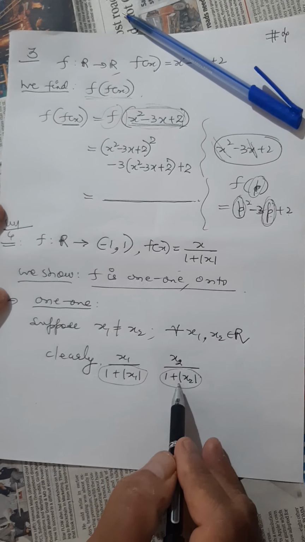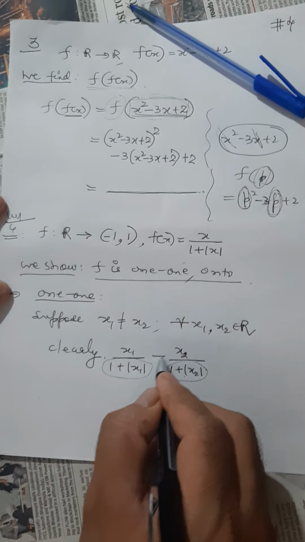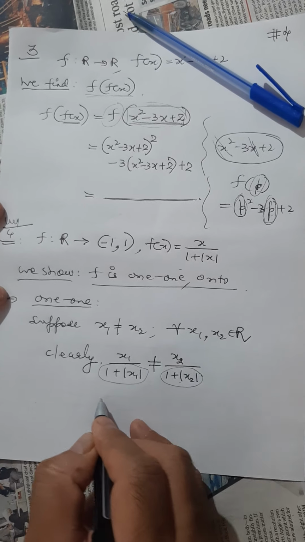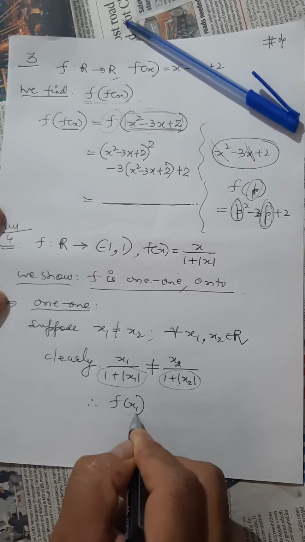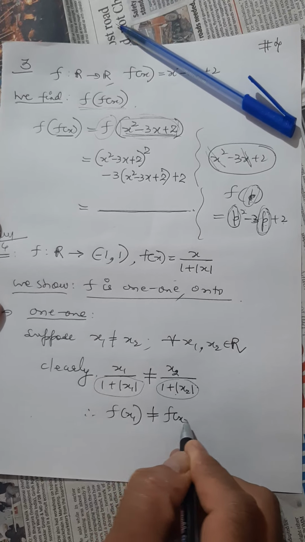In that case this is 3, this is 3, but the numerators are different, so clearly these two would be different. So f of x1 is not equal to f of x2.